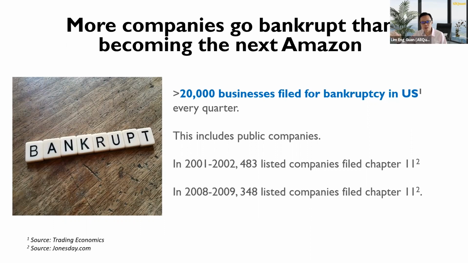And these numbers, of course, are not all publicly listed companies, but they include publicly listed companies. So as a rough gauge, in crisis periods such as the dot-com and the Great Financial Crisis, you can have as much as between 300 to 500 publicly listed companies going bankrupt, right? Do you have 300 to 500 companies going on to become the next Apple or next Amazon?